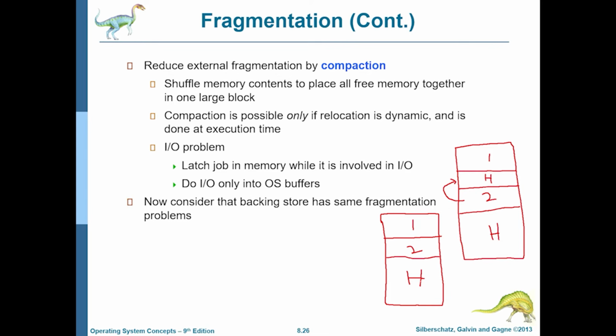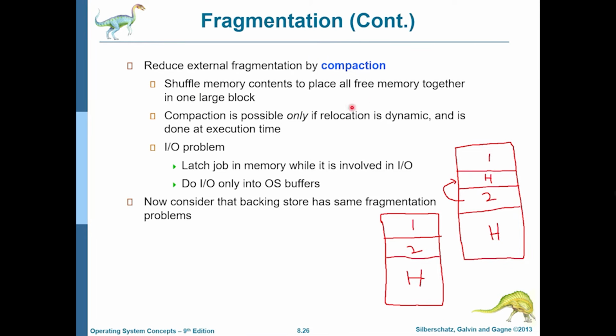Now the problem with that kind of compaction is, if the execution cannot handle the addresses that are generated by process number 2. So process number 2 has been coded to run at this memory location. Now if it moves here, the operating system needs to be able to rebind the addresses of 2 so that it can run properly at its new location.